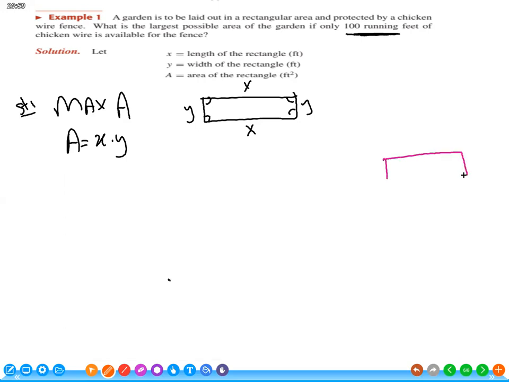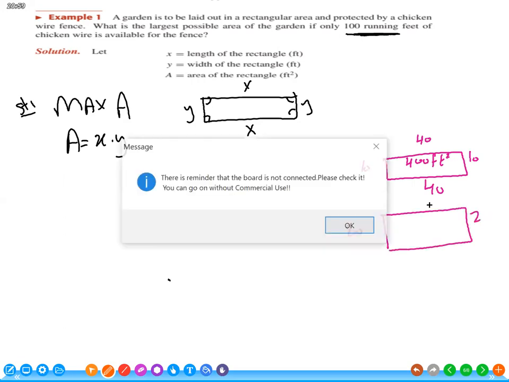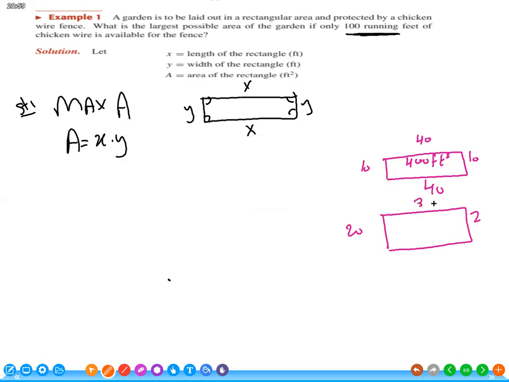Maybe you can take, for example, 10, 10, it's 20, and here 40, 40, yes, it's 100, the perimeter 100, and the area will be length times width, 400 feet square. One of the possibilities. Another example, 20, 20, 30, 30. If you multiply, it will be 600 feet, it's better. The area here is bigger than 400.